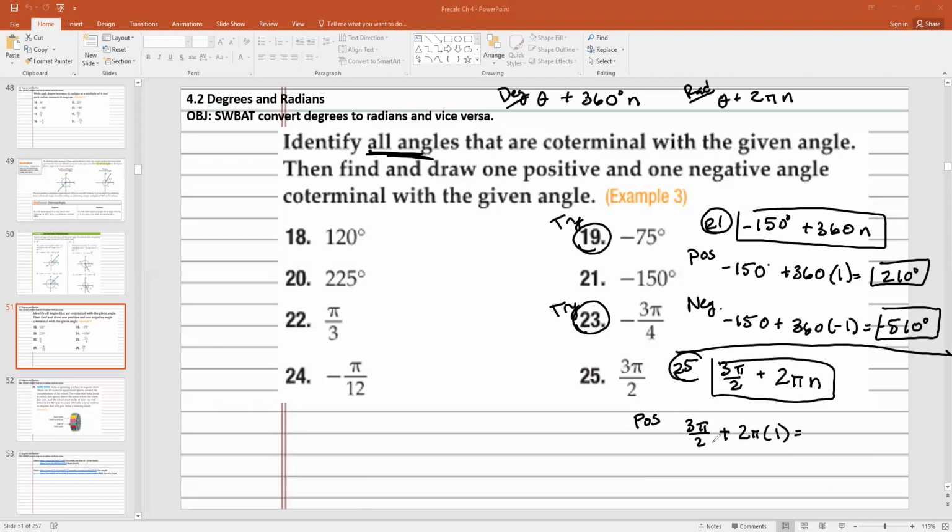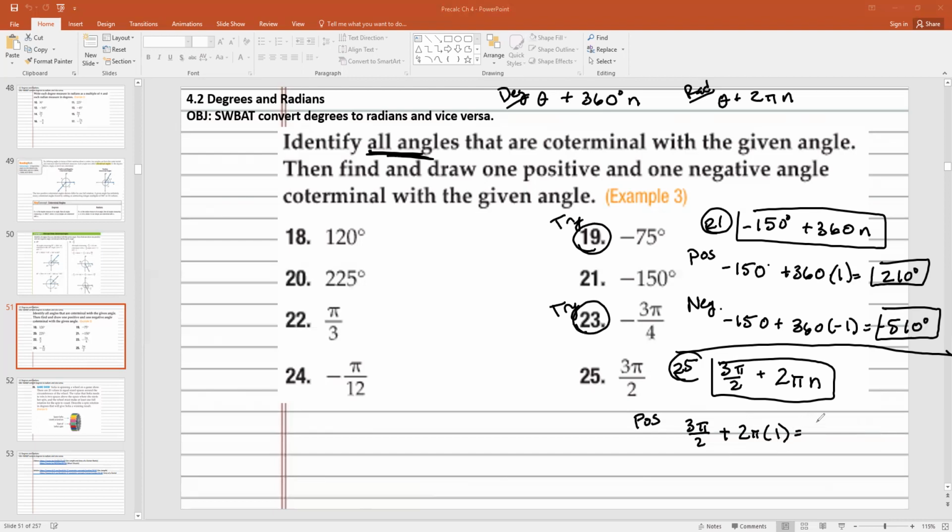And here you can do 2 times 2 is 4, plus 3 is going to be 7 pi over 2. Okay, so again, multiply the denominator with that whole number, and then add it to the numerator. So that's the quick way to do it.